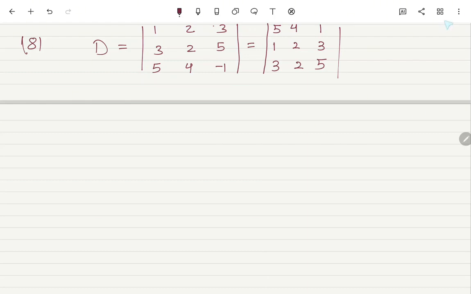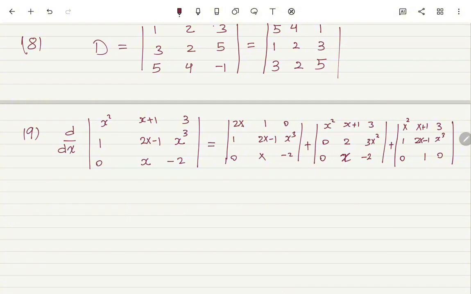Example: if we would like to differentiate this determinant right here, let's first differentiate the first row and keep the other rows as is, plus differentiate the second row and keep the first and third rows as is, plus differentiate the third row and keep the first and second rows as well. So this is the derivative of a determinant, how it works.